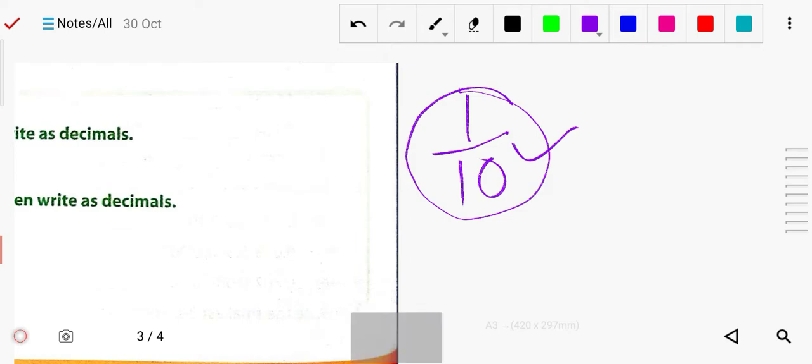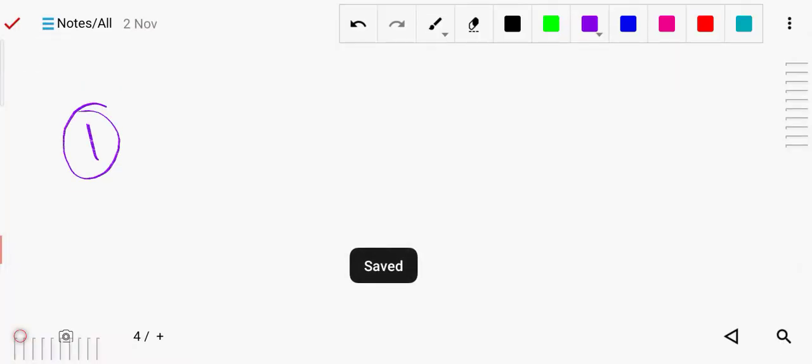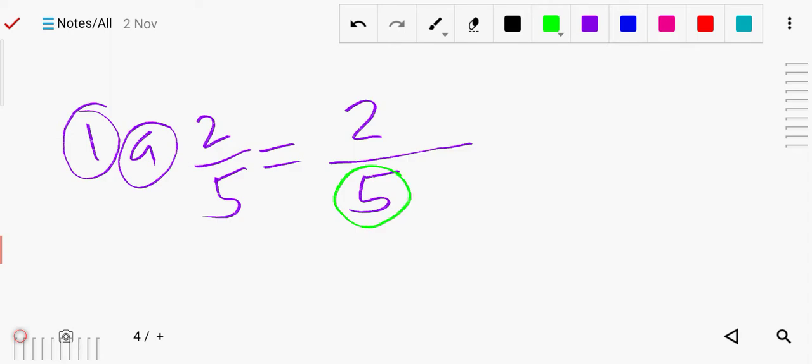So here the first question, 2 by 5. Let's solve number 1, part a, 2 by 5. How will you solve? First of all, as I told, our purpose is to make this denominator part 10.